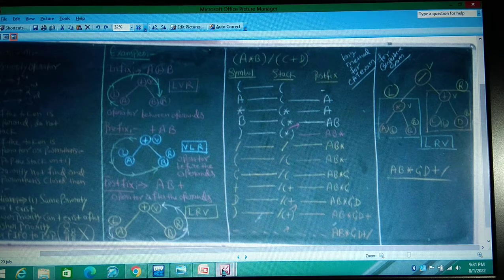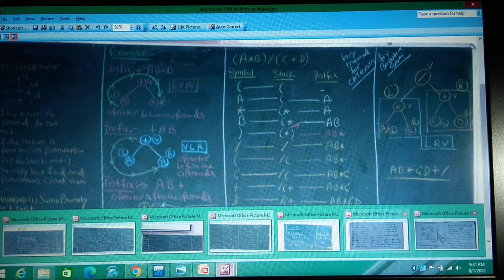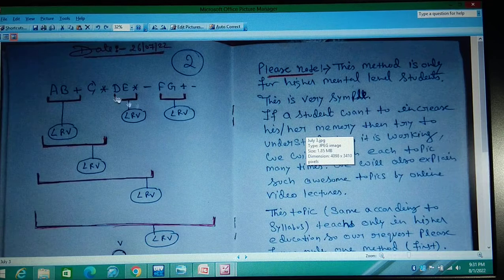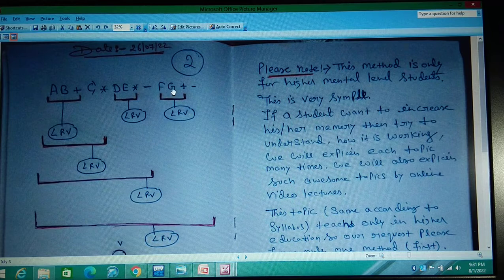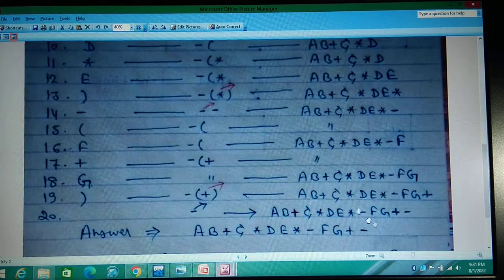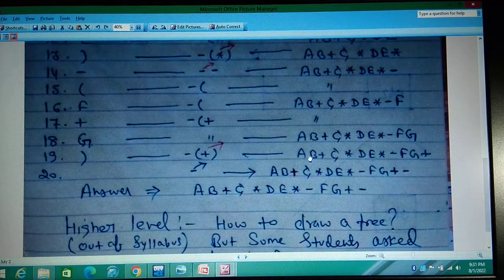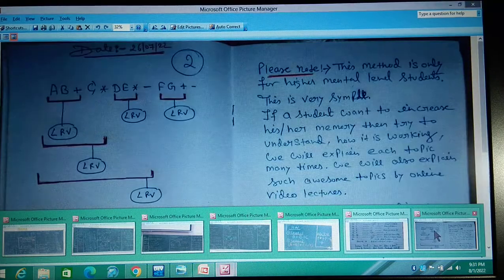Suppose you are not getting it, maybe you can see that in the previous example we have written A B plus C star D star minus F G plus minus. You can see here we already explained. So how has this one come? If you understand this tree, you can understand.